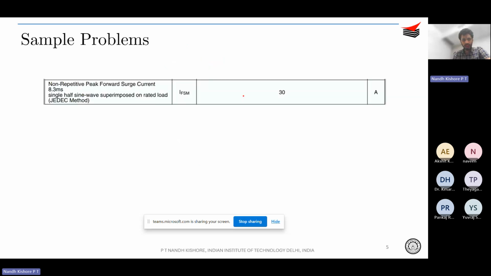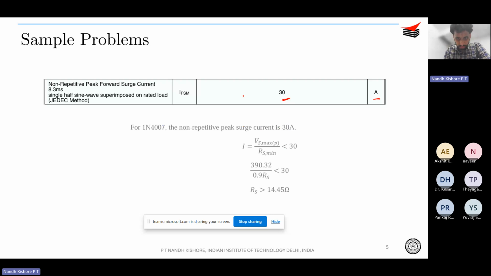Okay. And you go to the data sheet, you see that it can withstand a non-repetitive peak surge current. Peak surge current is 30 ampere according to the data sheet. Therefore, considering I as 30, you design it so that your I remains less than 30, or your Vs max by R min should be less than 30.